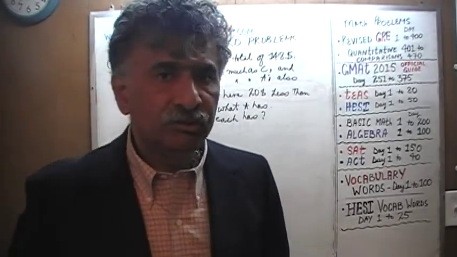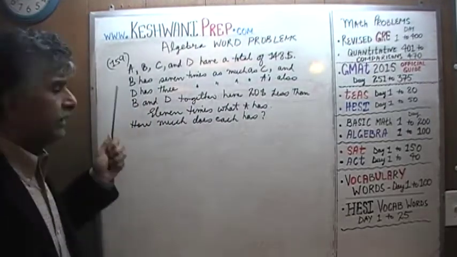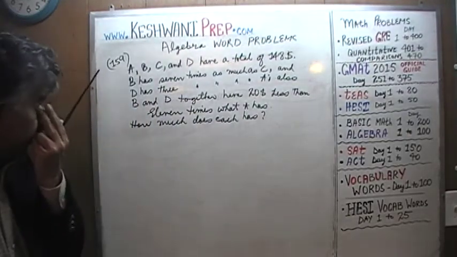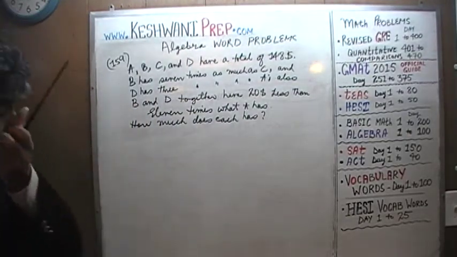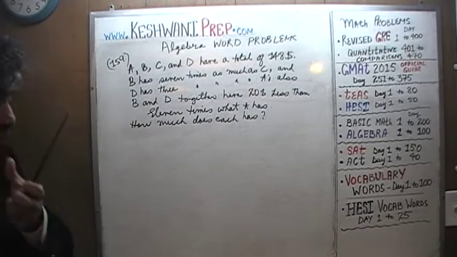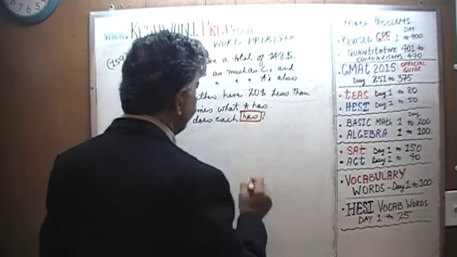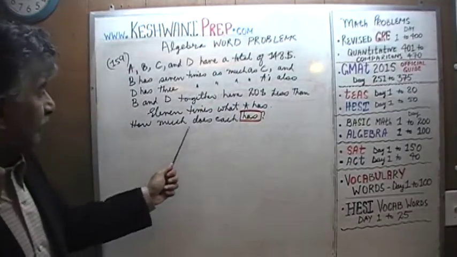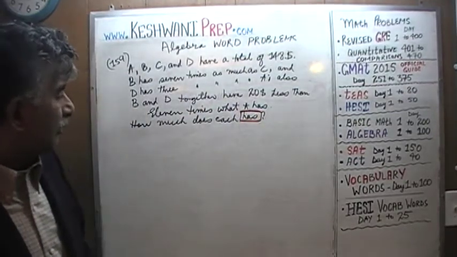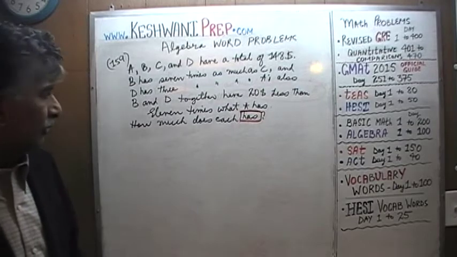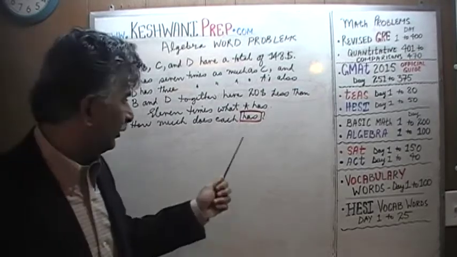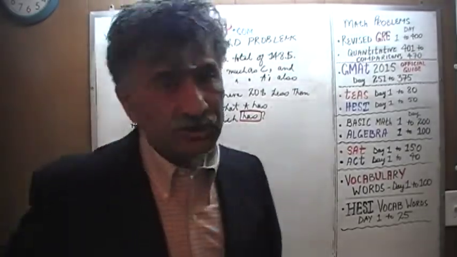As you can see, this question is very comparable to what we did in the previous video, number 158. Before I start solving the problem, I'm not quite sure about the grammar. Should it say how much does each person have, or how much does each person has? I think it should say has, because each is singular.